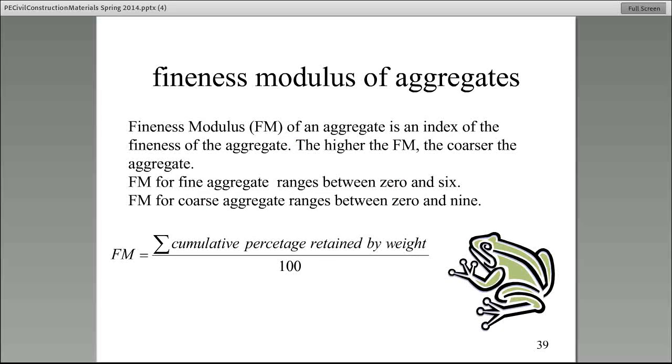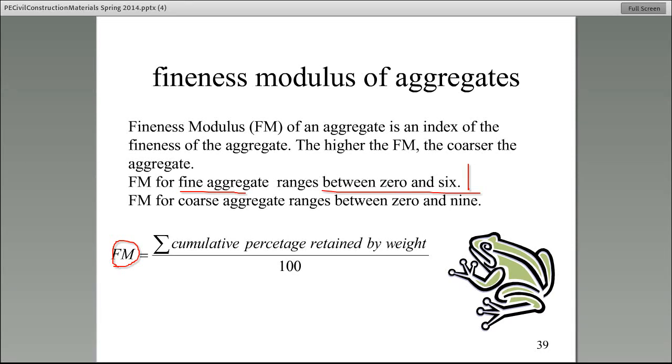Slide 39, remember I told you fineness modulus shows up on the test. Here is the equation that gives you what fineness modulus is, or how it can be calculated. A couple of things I want to point out. Fineness modulus for fine aggregate, for sand, for example, ranges between 0 and 6.